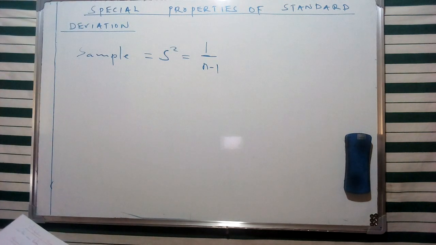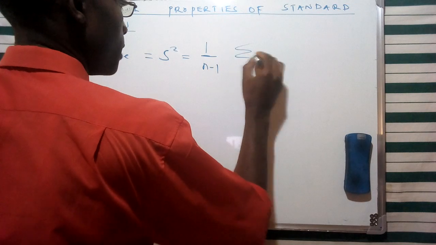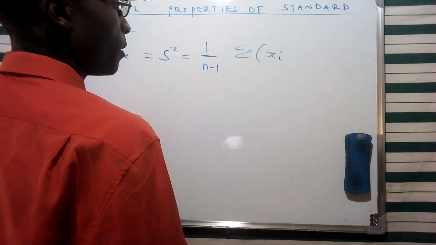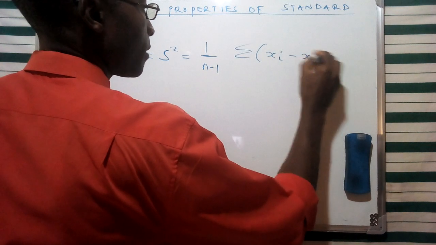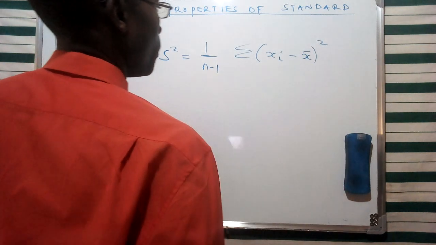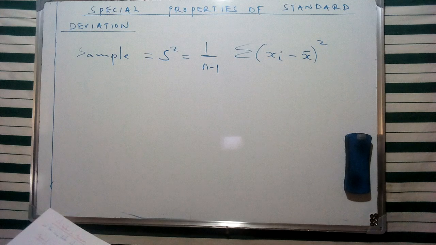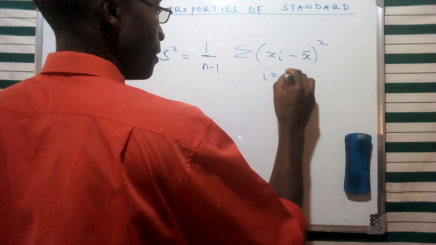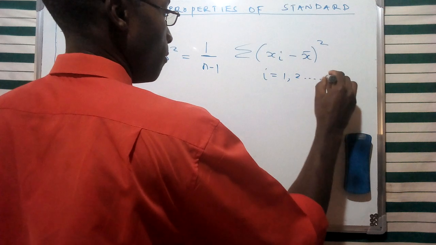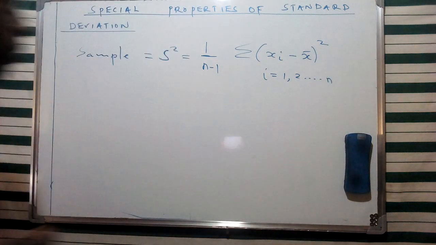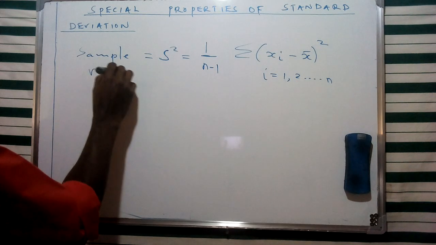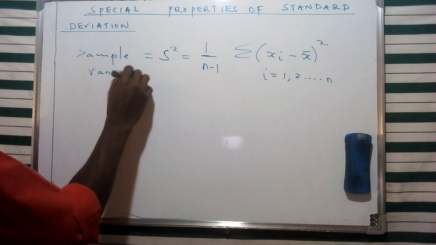Therefore that's going to be given as 1 over n minus 1, the summation of (xi minus the mean) squared, where xi is an arbitrary value of a particular variable x, and I said that basically i is going to assume values ranging from 1 to n.